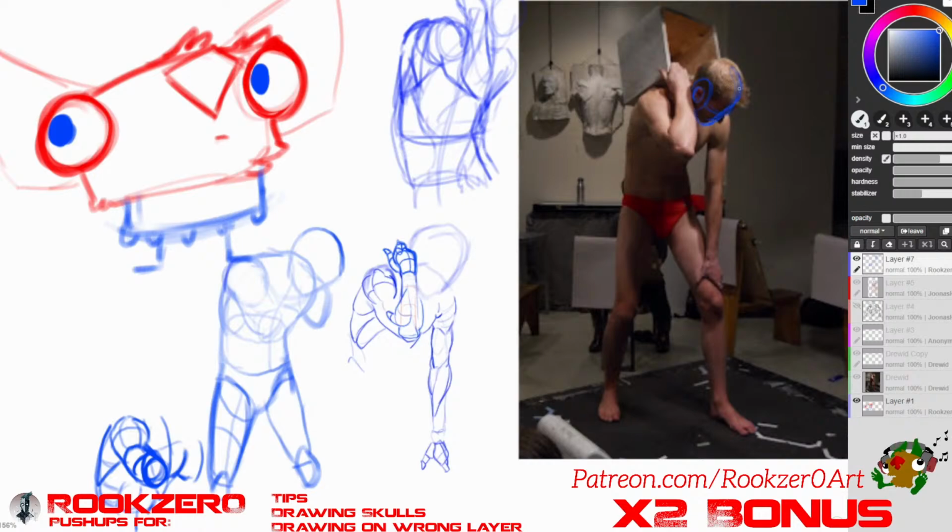Yeah, landmarks are a great way to talk about those, because they're the places where bone is very close to the skin, right? Because they're not going to move. They're always going to be your places of finding proportionality.